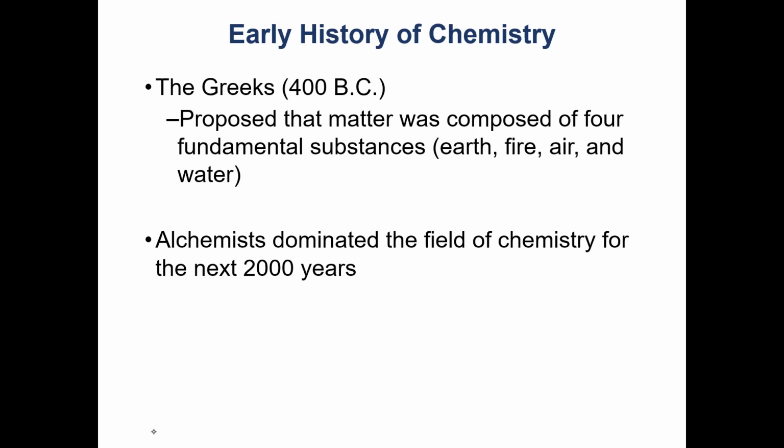So everything was composed somehow of these 4 fundamental substances, or some mixture of them. Then for about the next 2,000 years, alchemists dominated much of what we knew about chemistry. We didn't make a whole awful lot of progress here. We did learn a little bit about how chemical reactions work, so we did get something out of that.